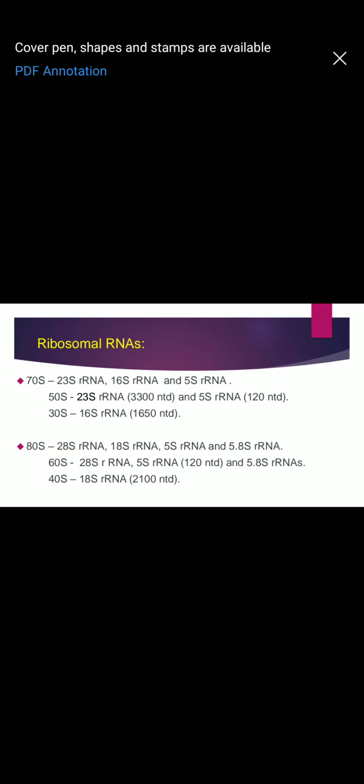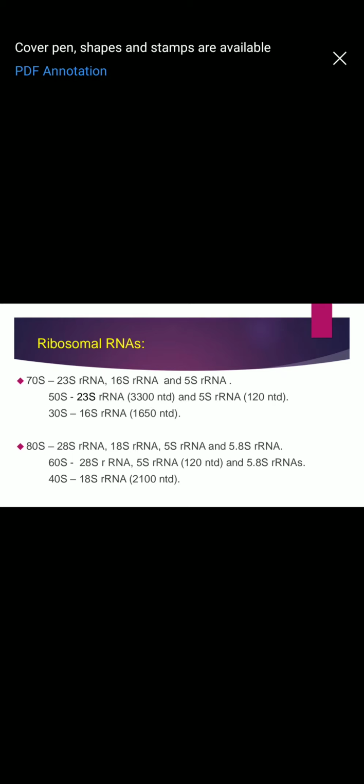The 23S ribosomal RNA has 3300 nucleotides, while the 5S RNA has 120 nucleotides. And the 30S subunit, which has the 16S ribosomal RNA, has 1650 nucleotides.